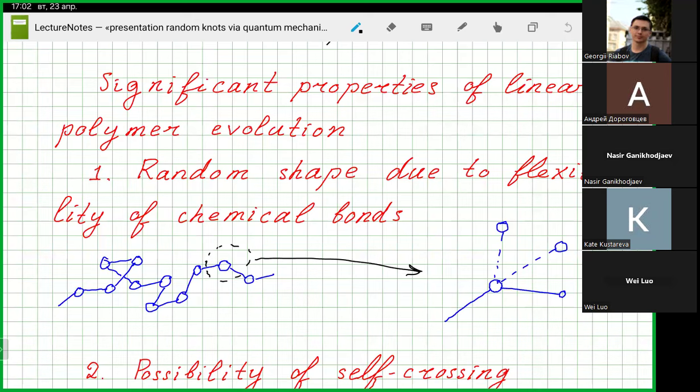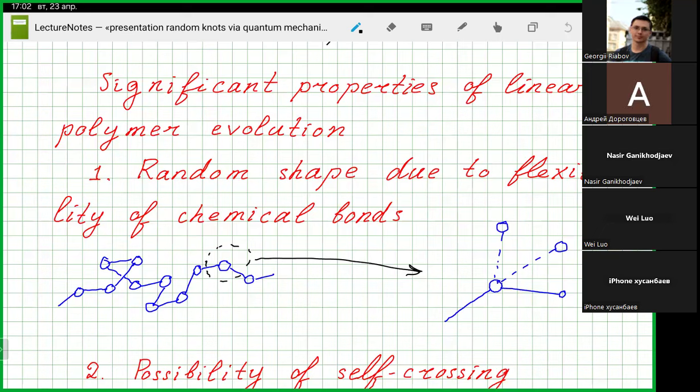On the picture, you see one monomer, and it turns out that neighboring monomers can be related to this monomer via chemical bonds in several positions. These positions are taken from physics.